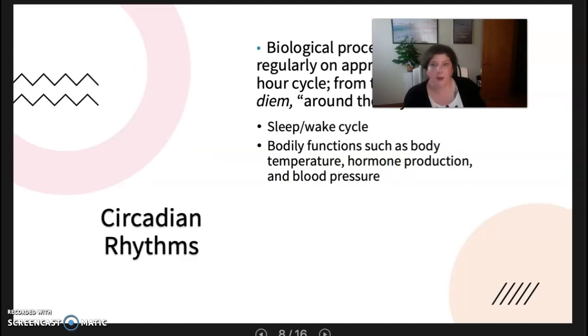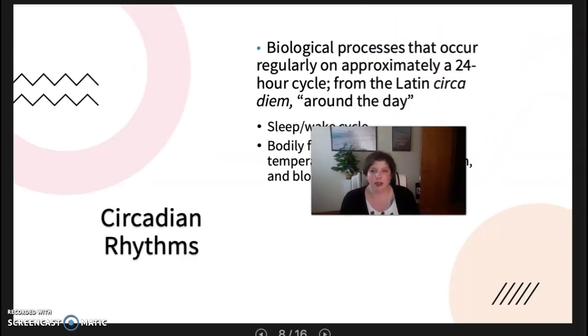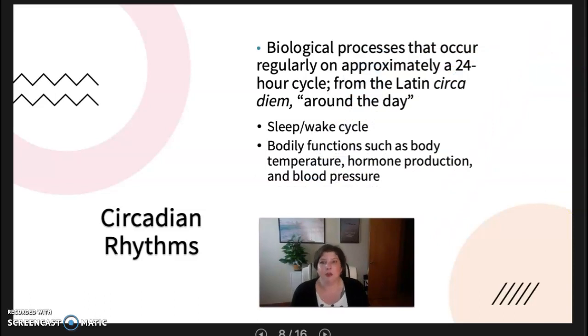Okay, so circadian rhythms. These are biological processes that occur on a 24-hour cycle. So it's basically how humans have a sleep and wake cycle, and our bodily functions follow this around the day.